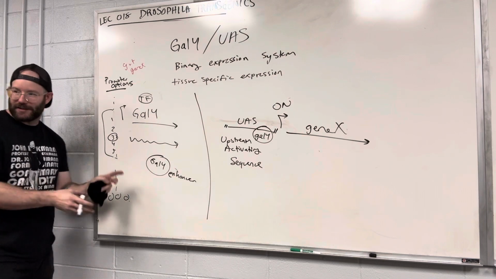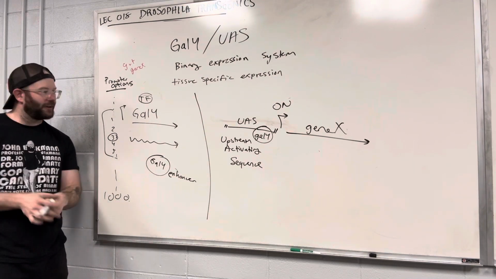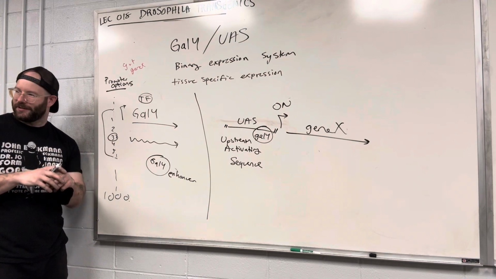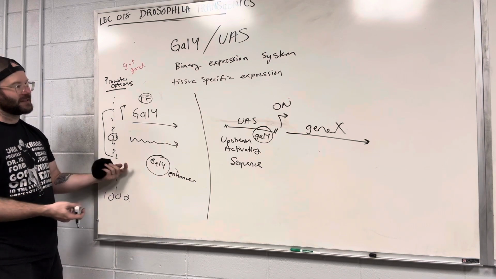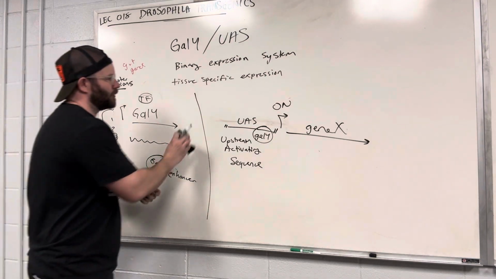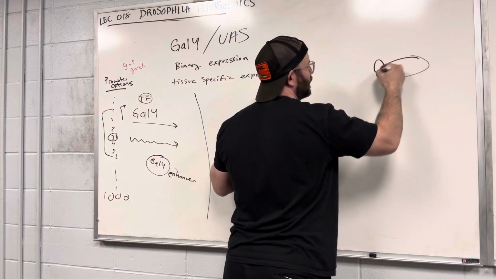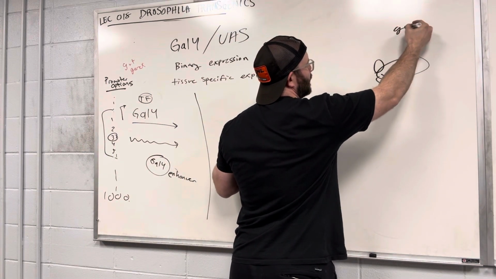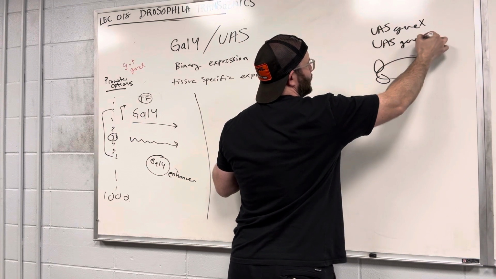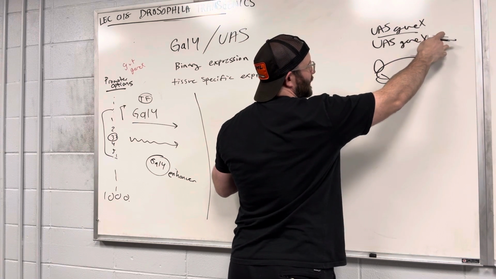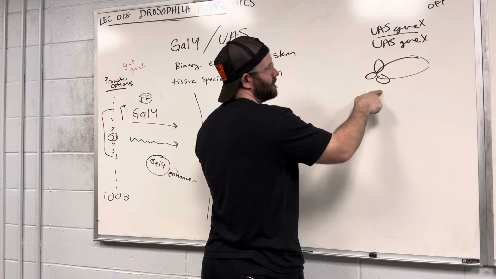These are live flies that are maintained in a stock center warehouse, where they're all in these little tubes, and they're all databased, and you can find them on an online library database and then buy them, and they send them to you. So again, just to wrap it up quick, the reason that this works is you have one fly that is your UAS gene X. In this fly, the gene X is off.